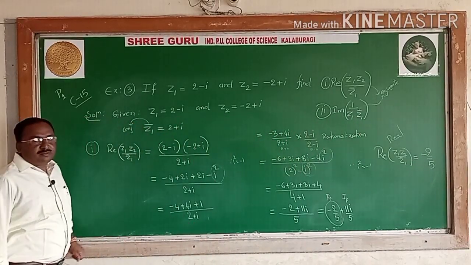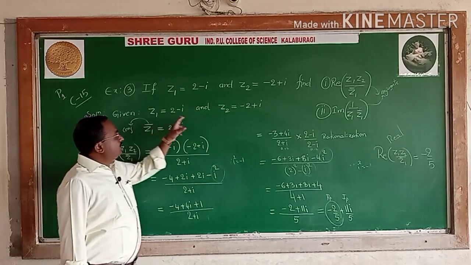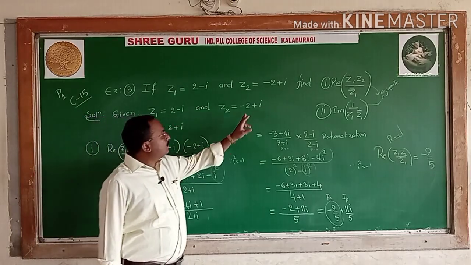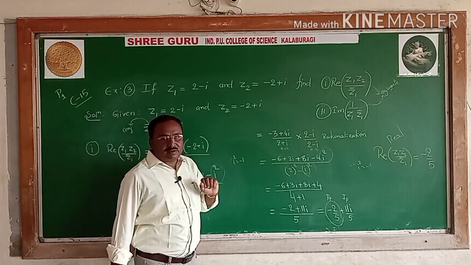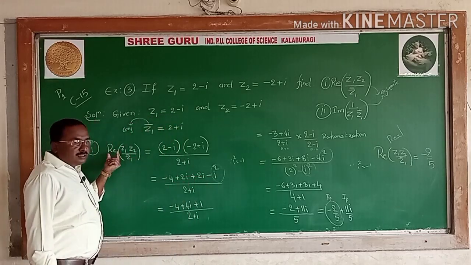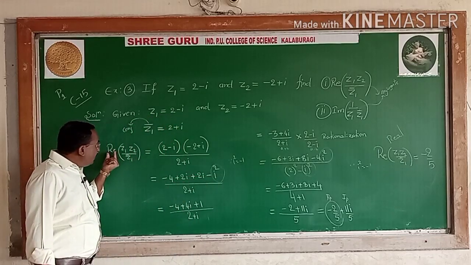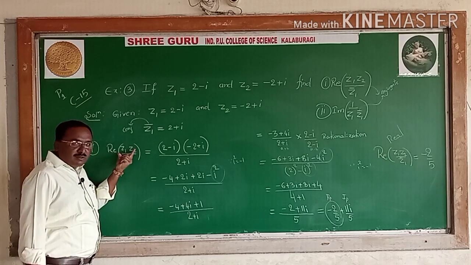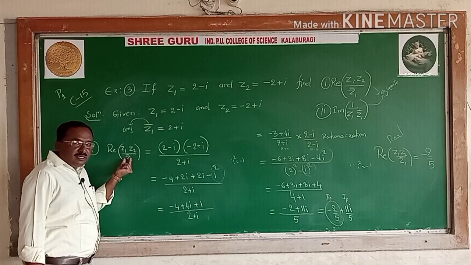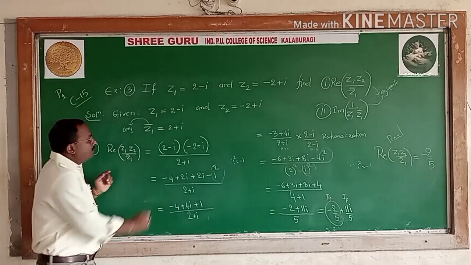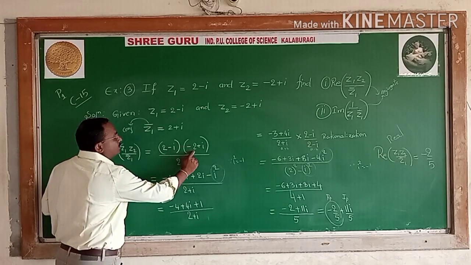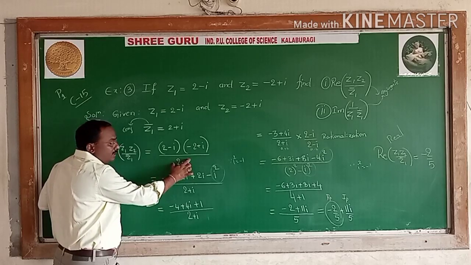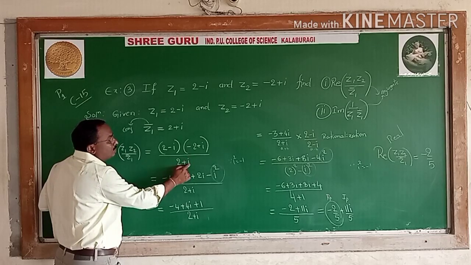Listen here: Z1 is 2 minus i, Z2 is minus 2 plus i. To find only the real part, the numerator is the product of two complex numbers and the denominator is the conjugate of Z1, where 2 minus i becomes 2 plus i.